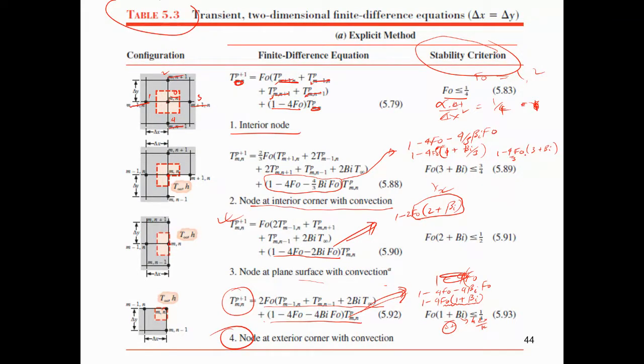So 4 by 3, if F0 is 3 by 4, then it cancels. So it is 1, and this term will be 0. Okay, so this is the stability criteria.